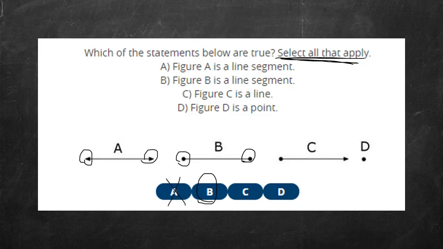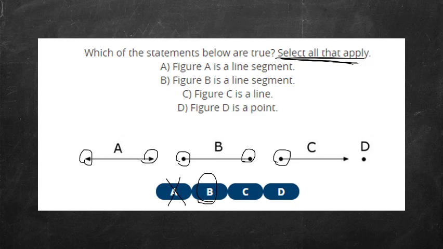All right, so figure C is a line. Well, it's a type of line, but I see that figure C also has an endpoint. And the only type of line that has an endpoint and an arrow is a ray. So figure C is not a line, it is a ray.